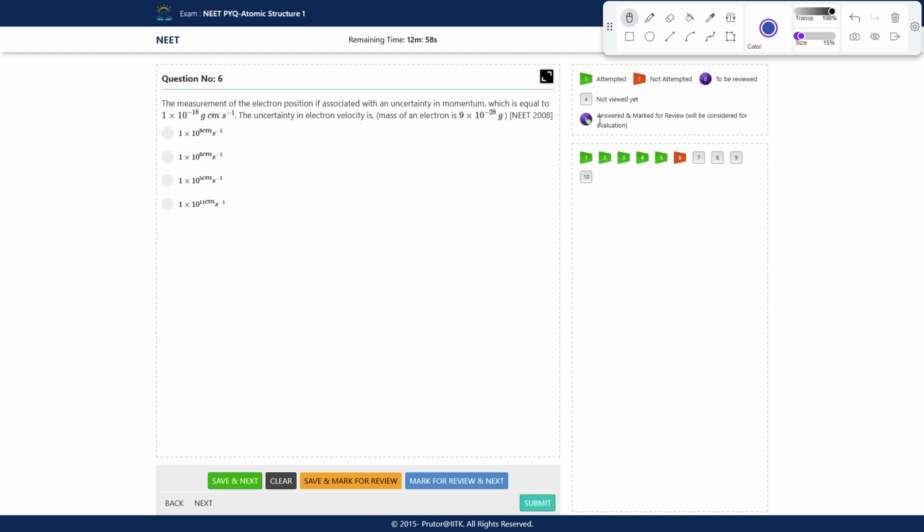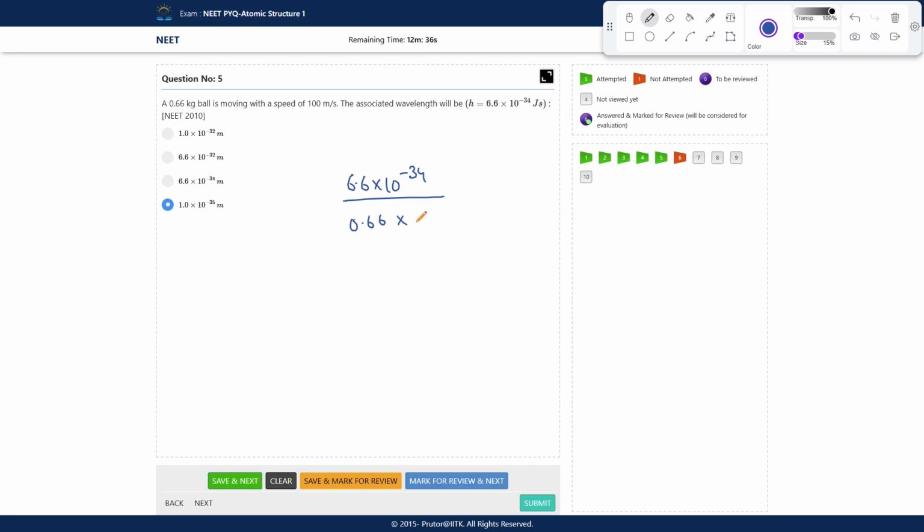So let us look at option number A of question number 5 once again. The correct option will be 1 into 10 to the power minus 35, I guess. So I am calculating it once again. 6.6 into 10 to the power minus 34 divided by m into v. So mass is 0.66 multiplied by 100. If you remove this decimal, this 100 will get cancelled out, and 66 multiplied by 0.1 will give you 6.6.